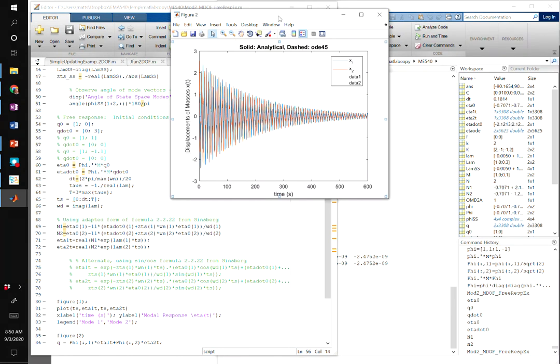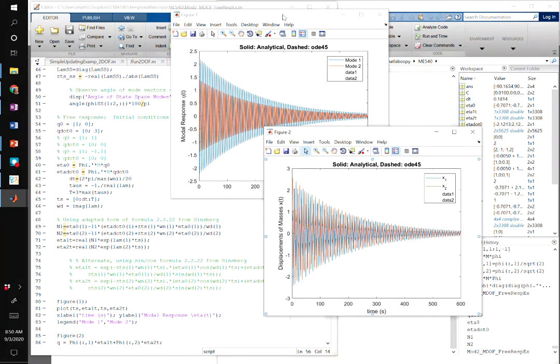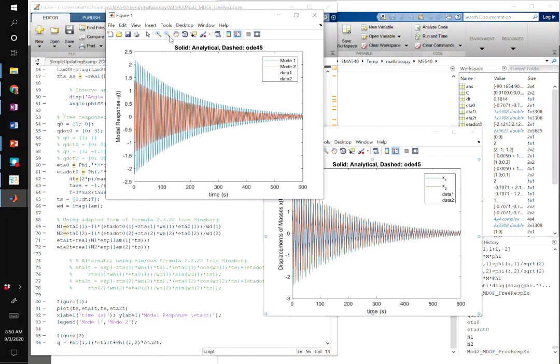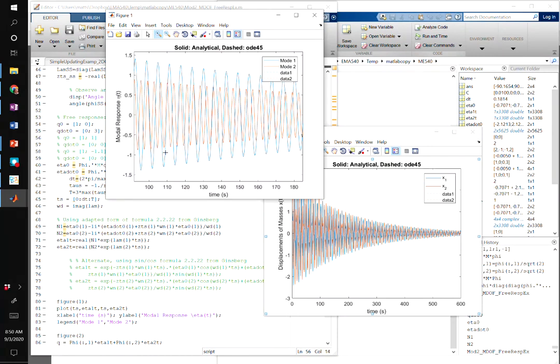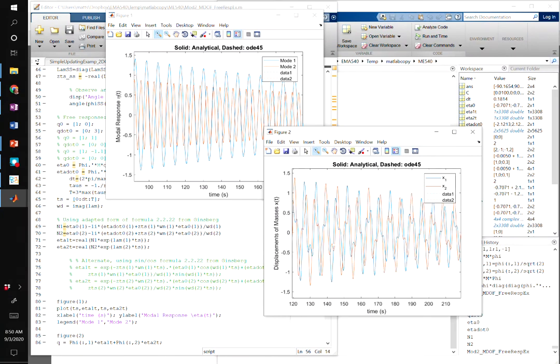Okay, so now in this case, we see mode 1 and mode 2, both are excited. If you zoom in, mode 1 is a lower frequency oscillation with a different initial amplitude. Mode 2 is higher frequency. When we put those together, though, and we go back and look at what happens to mass 1 and mass 2, now we have a pretty complicated motion.